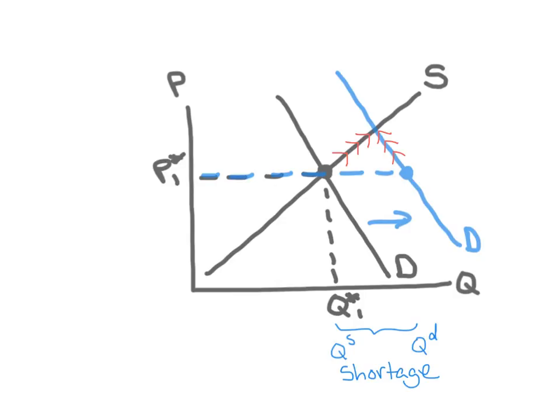So they decrease the quantity that they buy at those higher prices, right? And this price is going to keep increasing until quantity supplied and quantity demanded are once again equal. So that's going to happen when we get to our new equilibrium, which will be characterized by P2 star. And that'll occur at a higher quantity of medical care being consumed than we had previously.